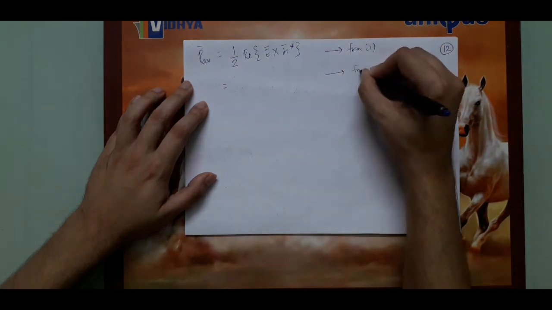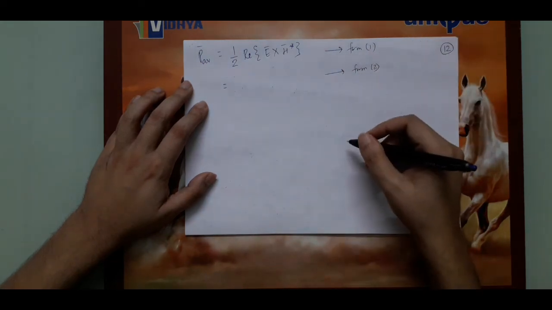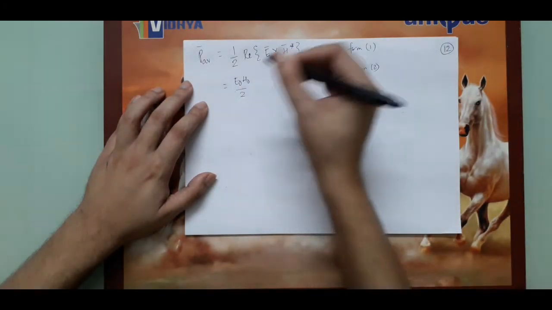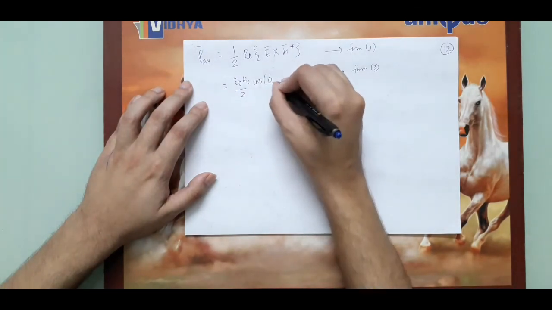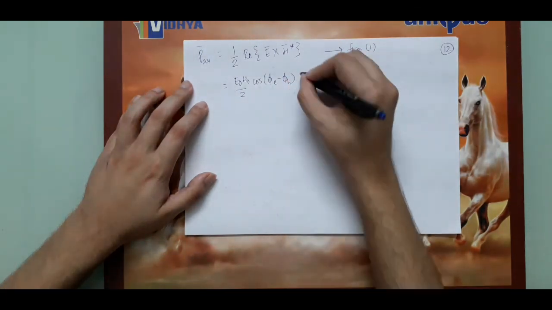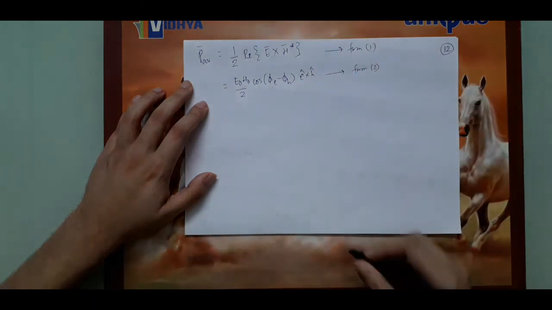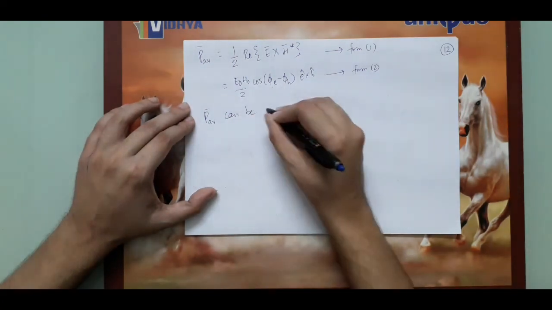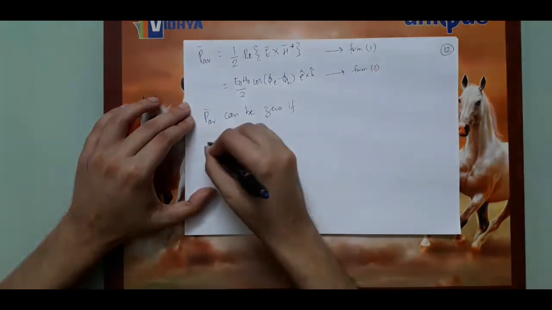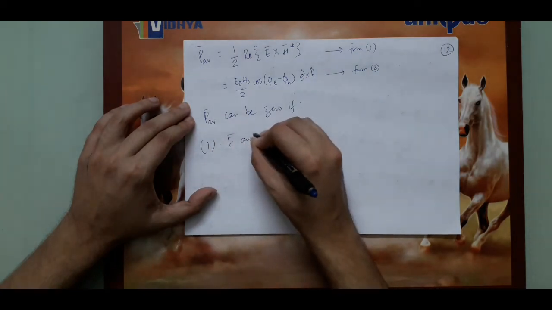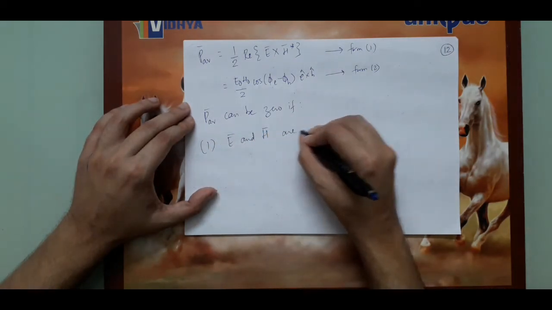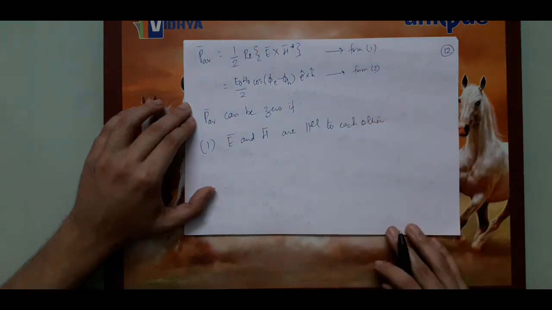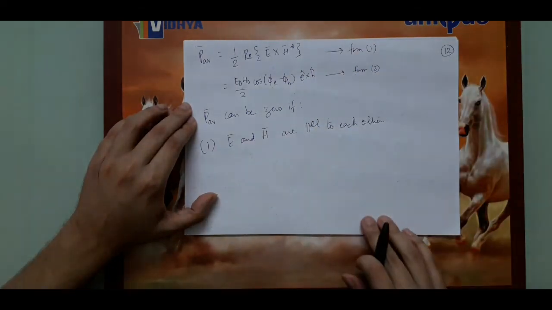The second form, or form 2, is when we can write it as E0 H0 by 2 cos of phi E minus phi H and E cross H. So P average can be 0 if the E and H vectors are parallel to each other. In that case, the cross product will nullify.